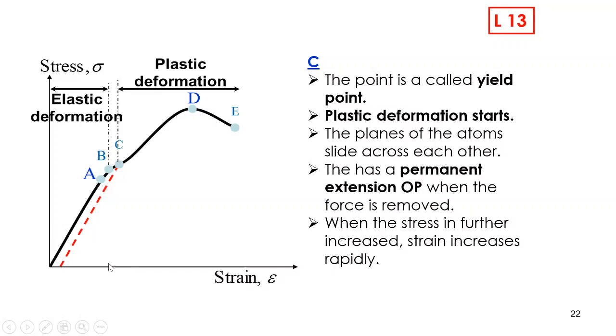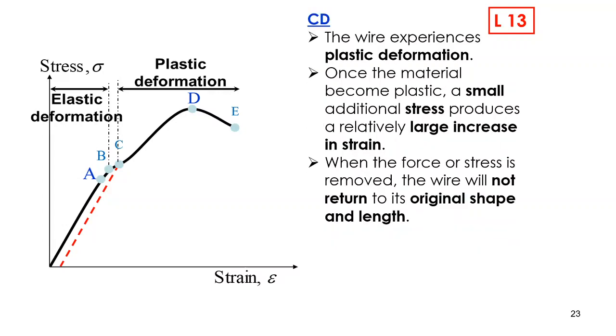When the stress is further increased, strain will increase also, and in a very rapid manner. CD is when the wire experiences plastic deformation. We said that once the material becomes plastic, even though a tiny amount of stress is applied, we're going to observe a relatively large increase in strain.